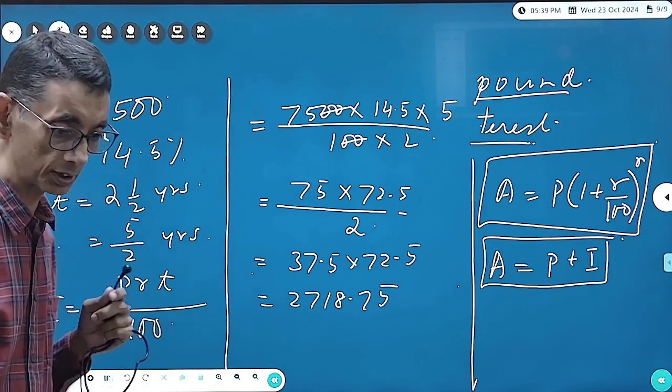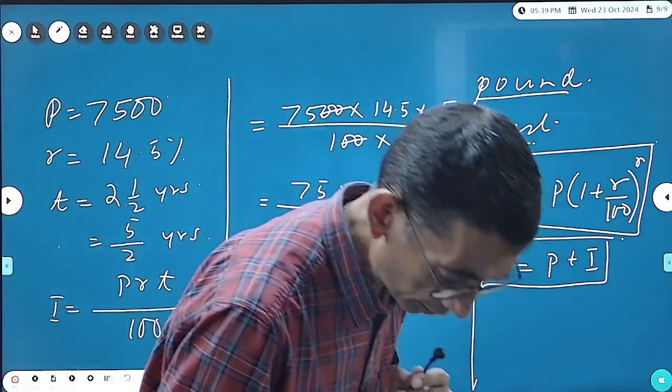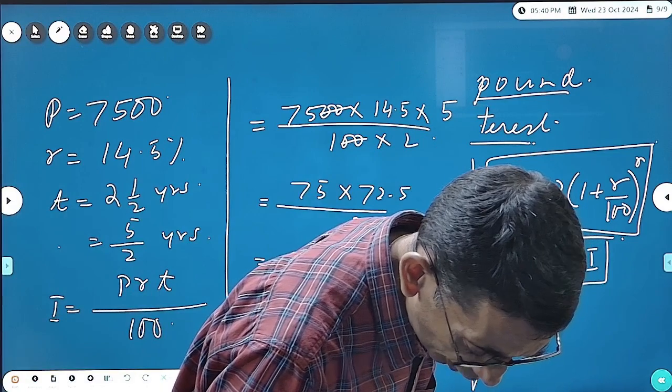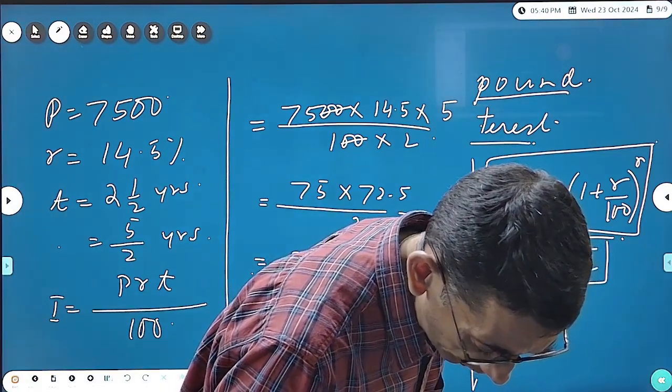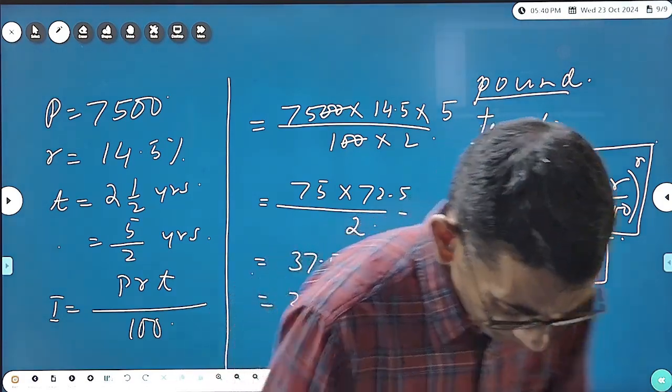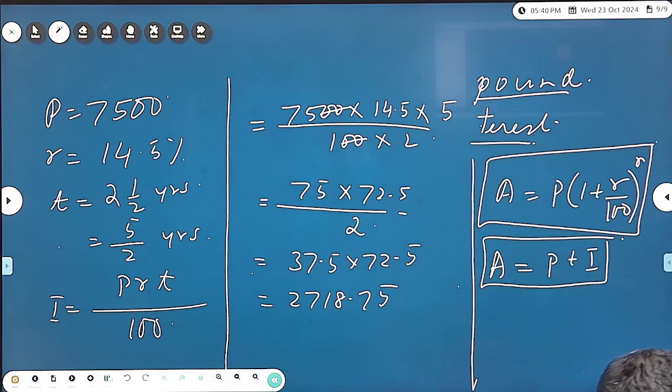The question is to find the amount he has to pay. So he will have to add the values: principal plus interest.